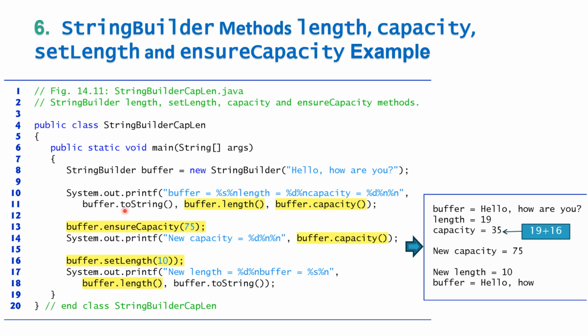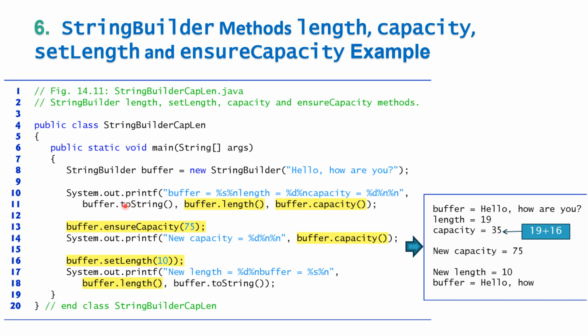Then it prints out the string representation of buffer and its length and its capacity. Note that since a StringBuilder object is not a string, you have to call its toString method to get the string content of the StringBuilder object and pass it to the printf or println statement in order to print out its string content.